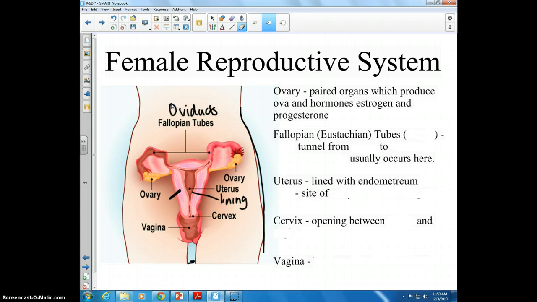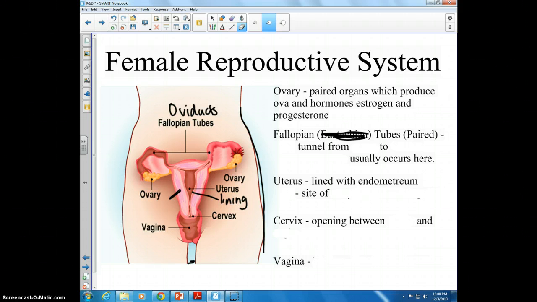Fallopian tubes, I don't know what I was thinking when I wrote this. Maybe I wasn't. Fallopian tubes are not eustachian tubes. Please cross that out. Eustachian tubes are the tubes that connect your ear canal to like your throat. So has nothing to do with reproduction. So fallopian tubes are also called oviducts, as I've written right there. And your fallopian tubes also are paired, meaning they come in pairs.